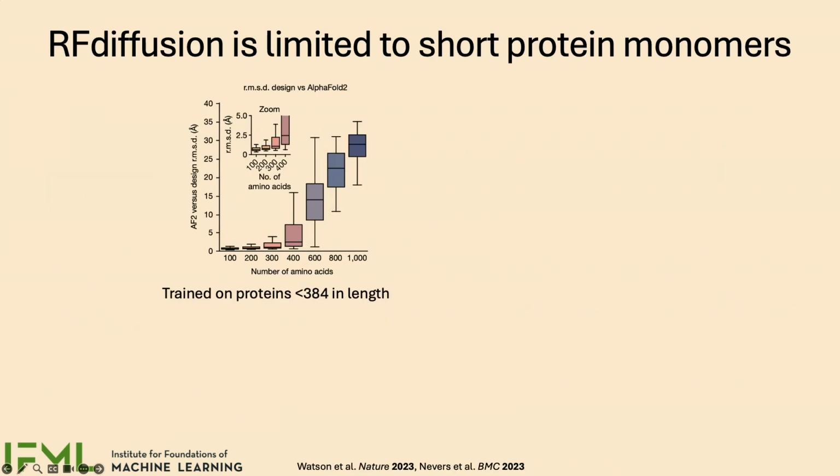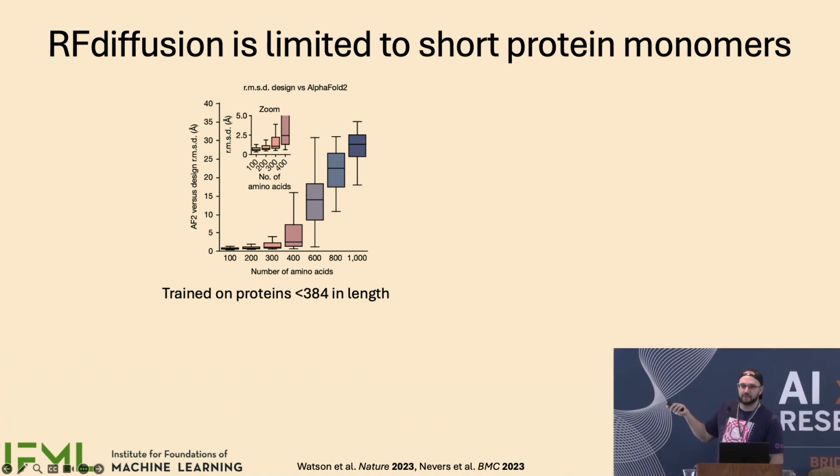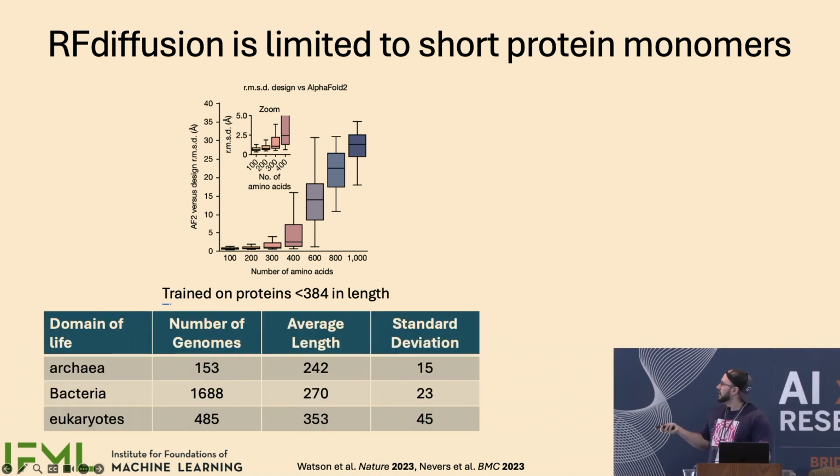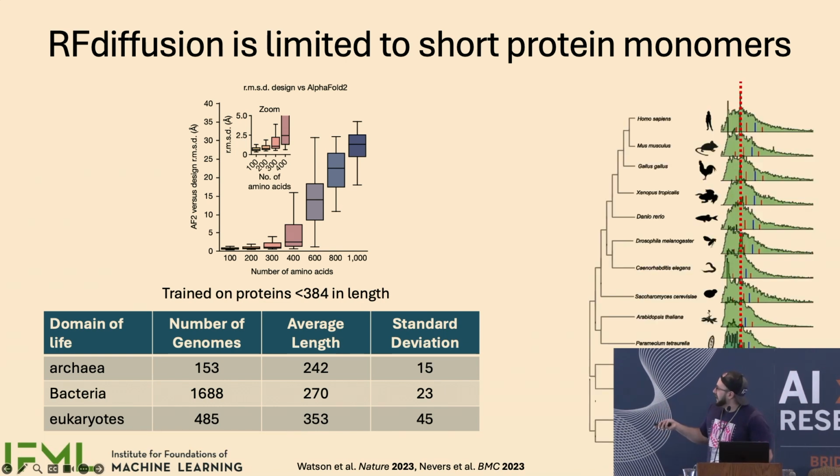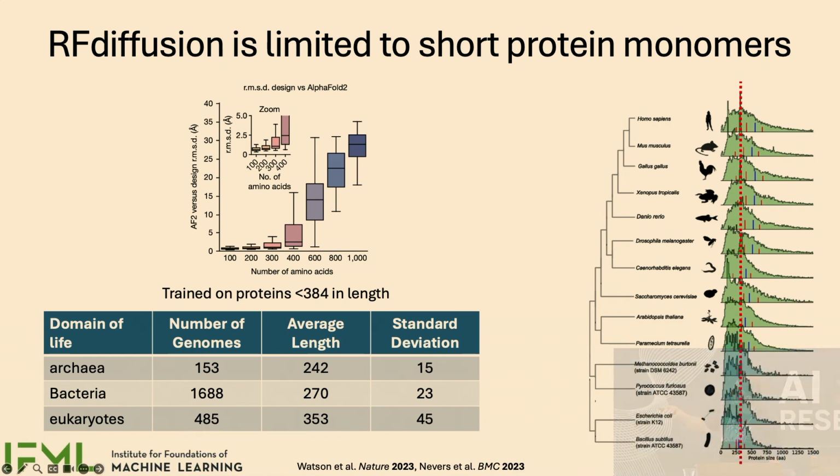The other thing is these models struggle with making monomers, or single proteins, that are longer. You can see the error kind of explodes as these proteins get longer. And you can see through nature the length of proteins based on whether they're archaea, bacteria, or eukaryotes. Eukaryotes like us, or cats, animals, plants, fungus, their proteins tend to get much longer. Once we pass this 300 threshold, things start exploding.